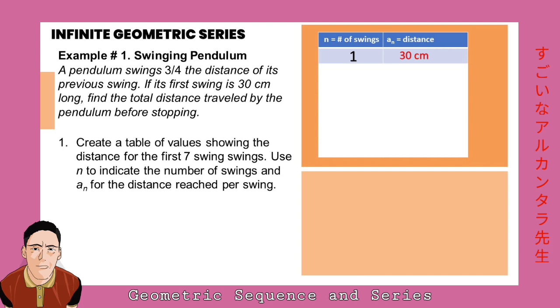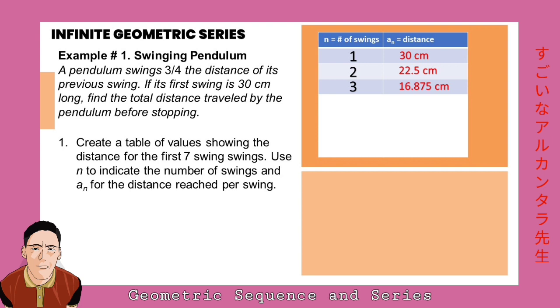So 30 times 3/4 is going to be 90/4, or in decimals, that is 22.5. So what happens next? In order to get the third swing, you use the common ratio again, and this time multiply it to 22.5. The answer will be 16.875. And this is going to continue until you fill out your entire table.